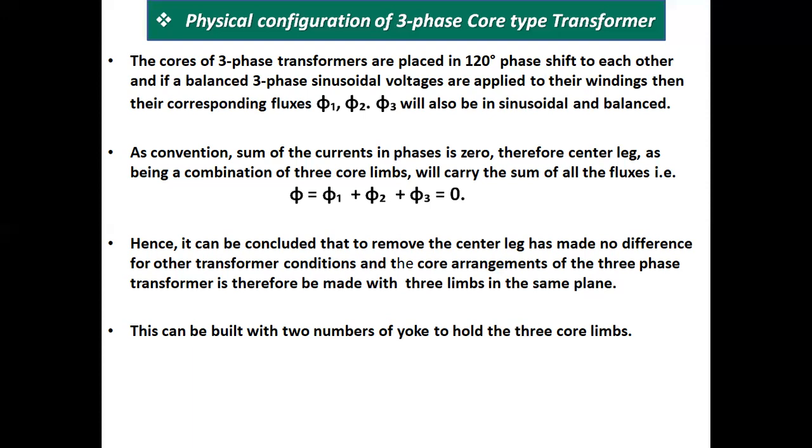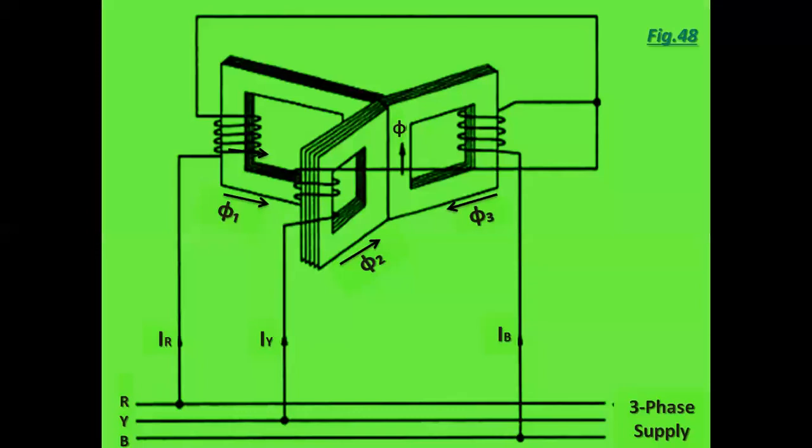This can be built with two yokes to hold the three core limbs. See the diagram.